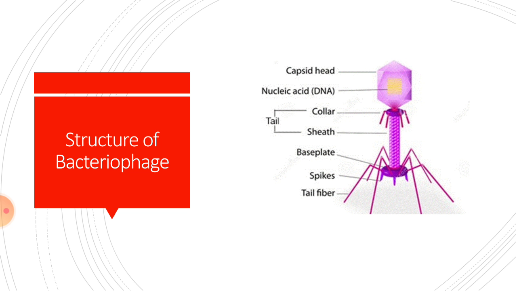In between the head and tail, there is a special structure called the collar. The function of the collar is still unknown. In the head region, you can see a double-stranded DNA molecule. The DNA of the phage has 5-hydroxymethyl cytosine instead of normal cytosine.